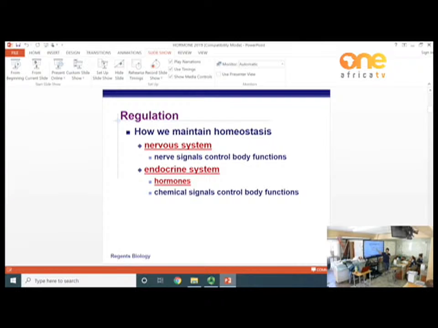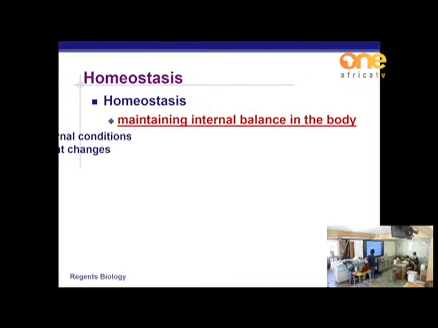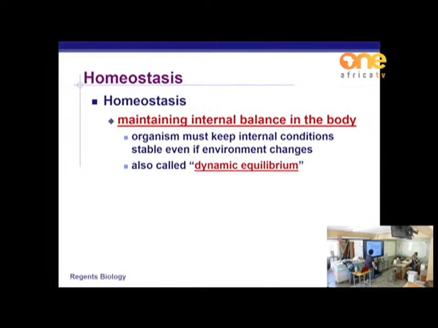And to regulate homeostasis, in other words, to make sure that, I want to show you this word, dynamic equilibrium. That is what our body tries to achieve.